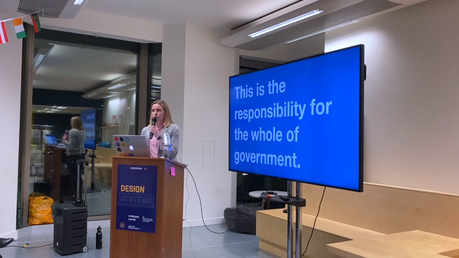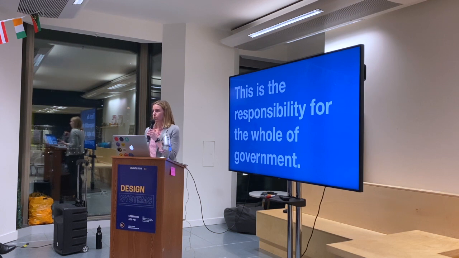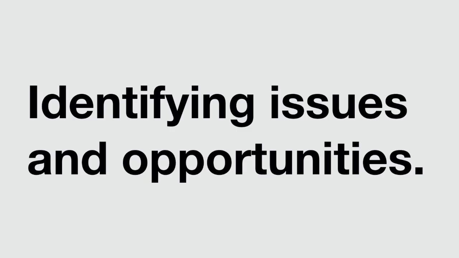So it's really important to remember that it is actually the responsibility of all of government, not GDS, to fix this problem. They can't do it all. They don't necessarily have the capacity. And also the individual departments have the subject matter expert knowledge that they can use to support GDS in providing this information. So we should all be working together to solve this problem.